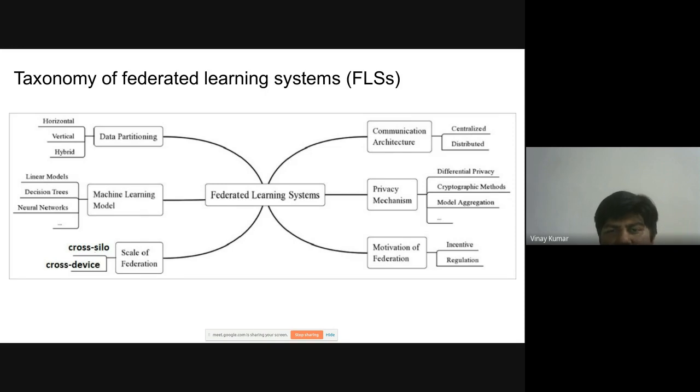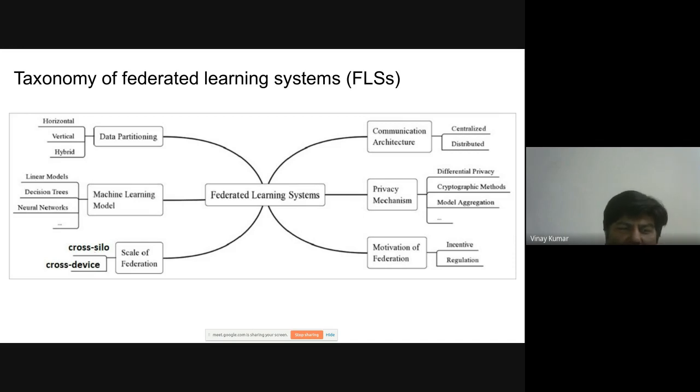There are usually a relatively small number of parties, and each of them has a relatively large amount of data as well as computational power. Whereas in cross-device federated learning, it is the contrary: the number of parties is relatively large, and each party has a relatively small amount of data as well as computational power. The parties are usually mobile devices.